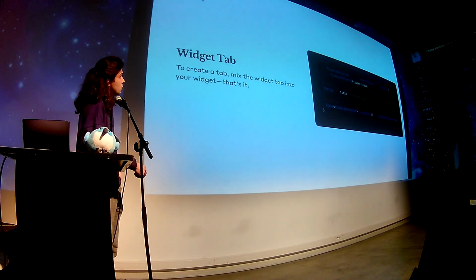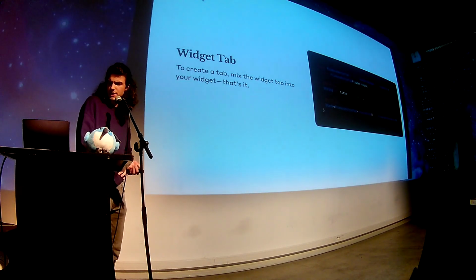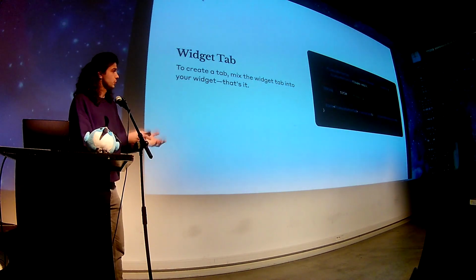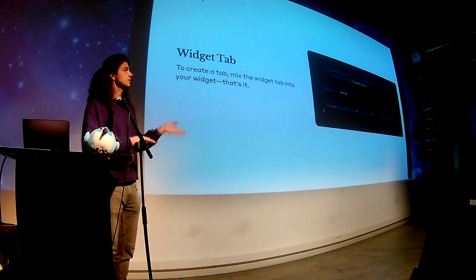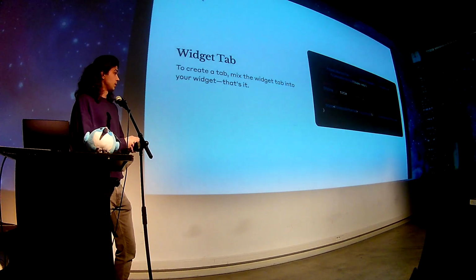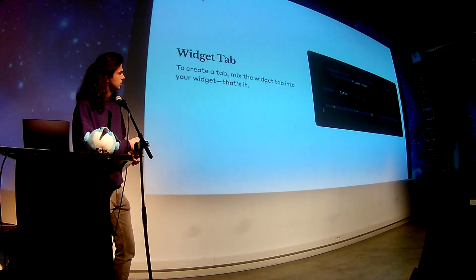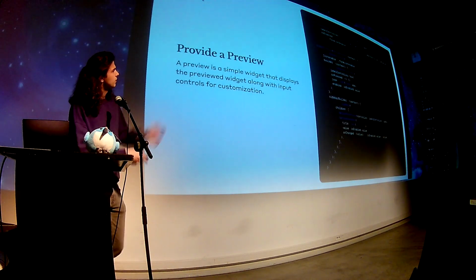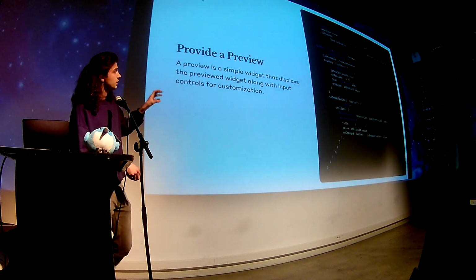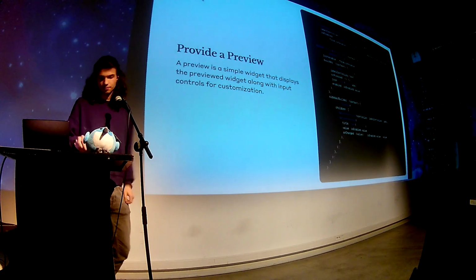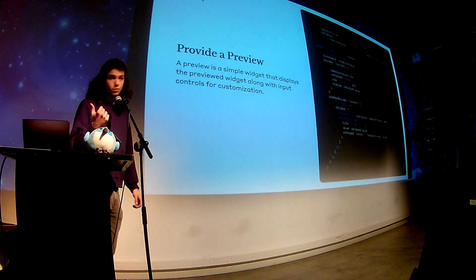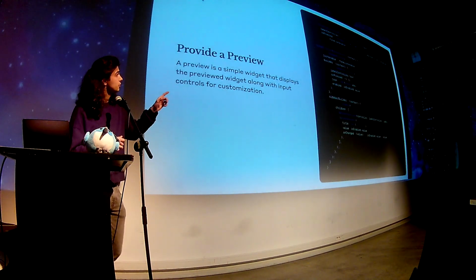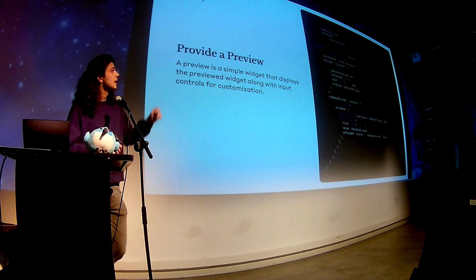Now let's take a look how we can actually add a new tab. So basically, just create a simple widget and mix in the widget tab. Then provide a title. Based on those titles, the deep links are generated. Yeah, that's it. And then in the state of that widget, you can create the actual preview logic. What it means? Basically, I created a widget preview widget that you can see returning from the build function.